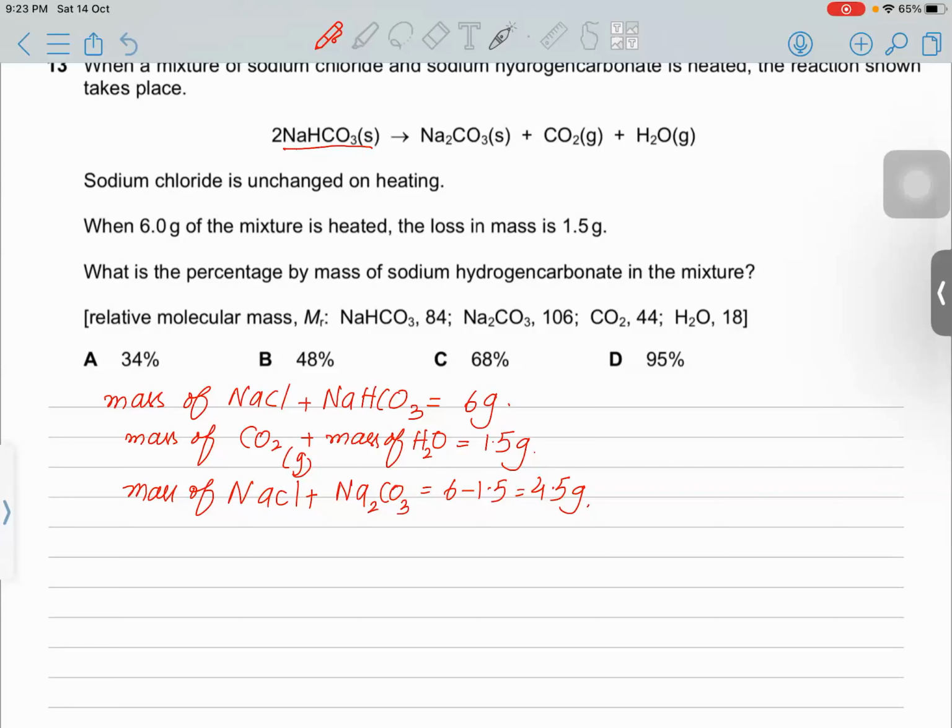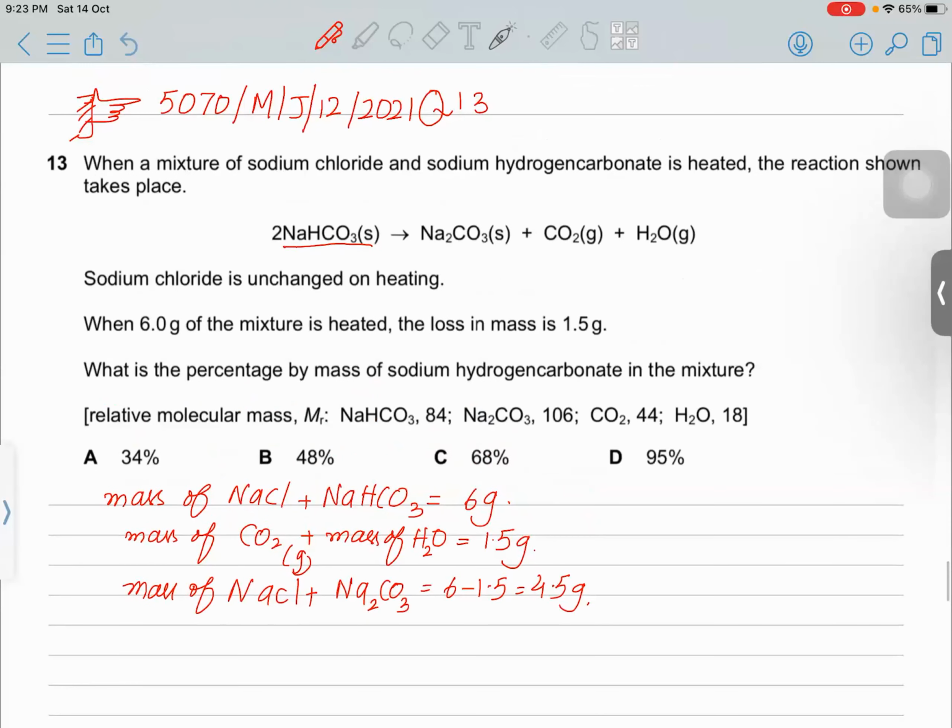Sir, why are we including NaCl with Na2CO3? Because the whole gas is lost, only sodium carbonate is left, and sodium chloride is left because it is unchanged. Okay, so the rest of the gas escaped.